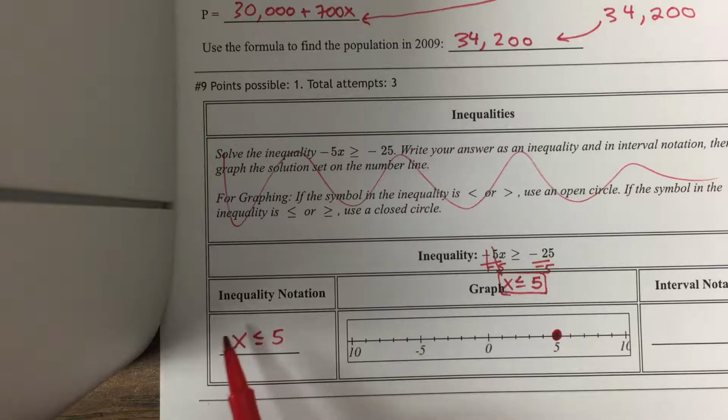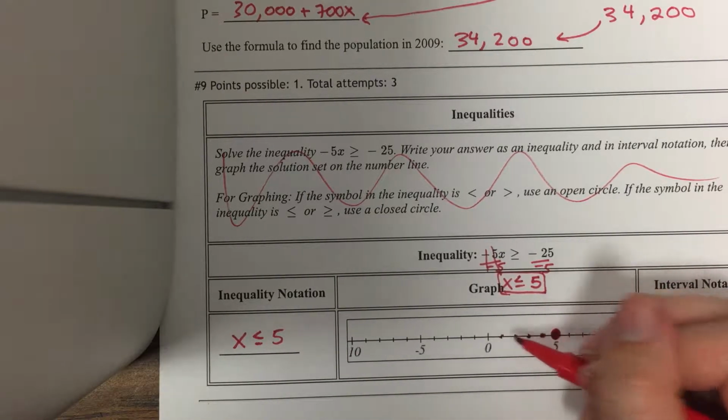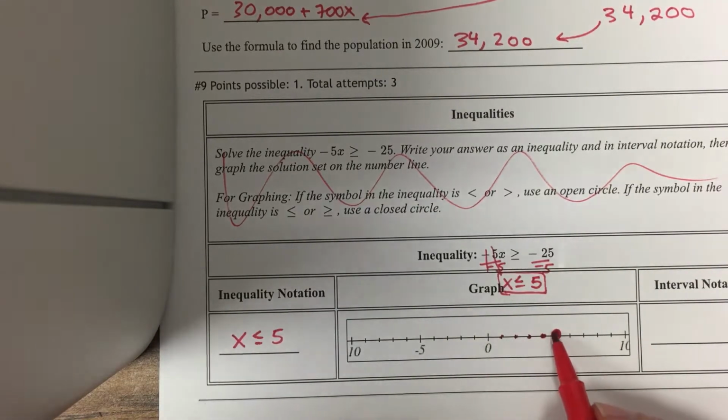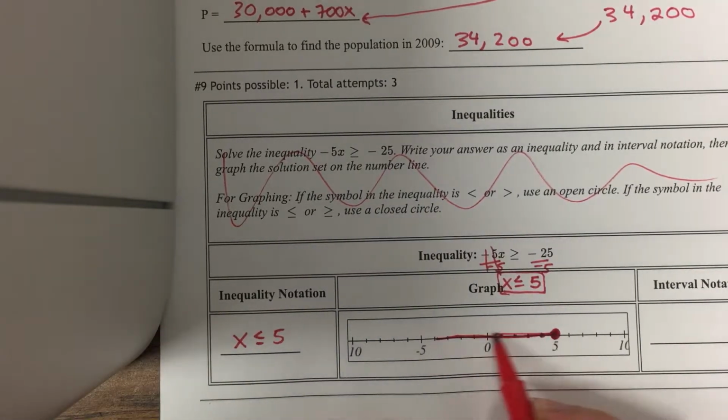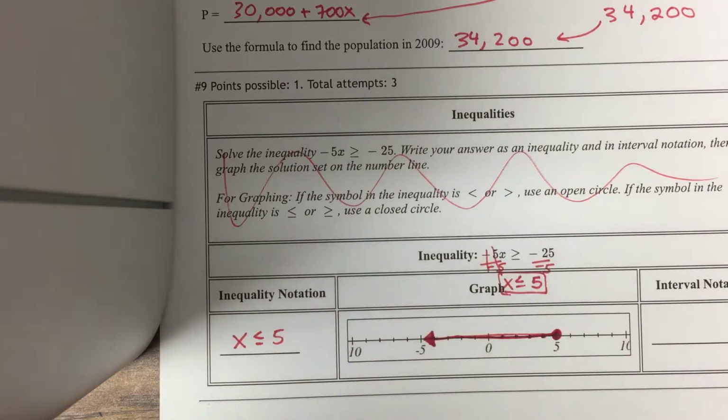What numbers are less than 5? Well, look, 4 is less than 5, 3, 2, 1. All of these numbers are less than 5, so we fill in, and you put a little arrow to say all these numbers are less than 5.